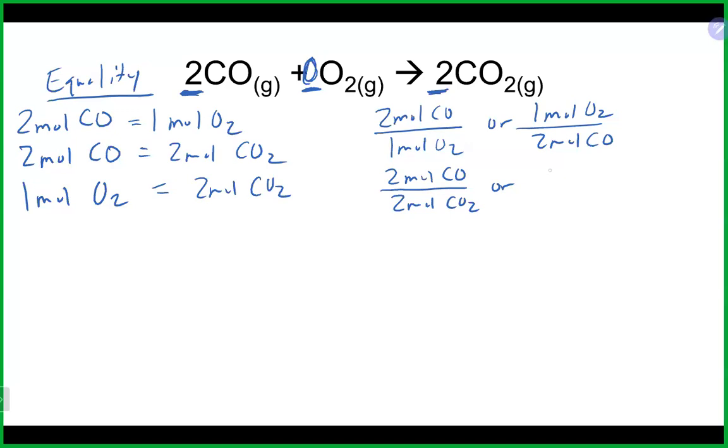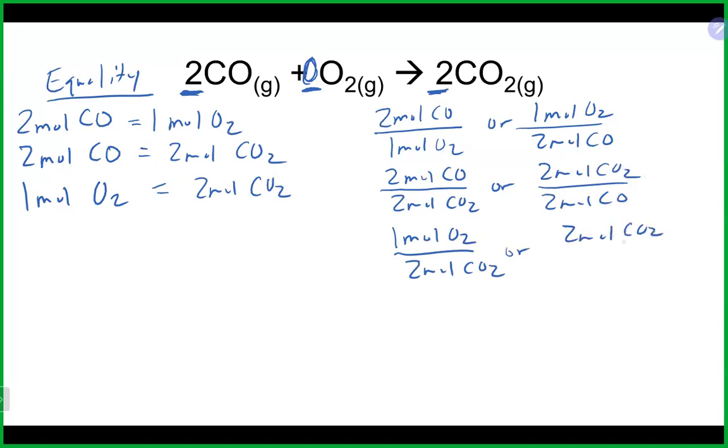Or again, we could flip it around: for 2 moles of CO2, we get 2 moles of CO. Lastly, for 1 mole of O2, there are 2 moles of CO2. Or for 2 moles of CO2, there is 1 mole of O2. These are our 6 conversion factors that we could get from this equation.